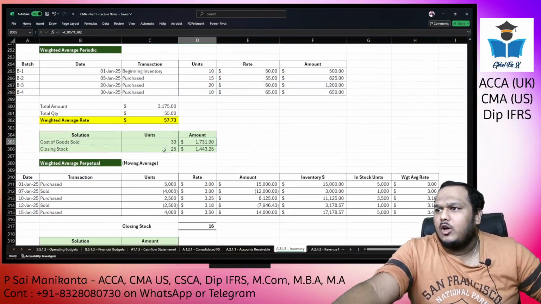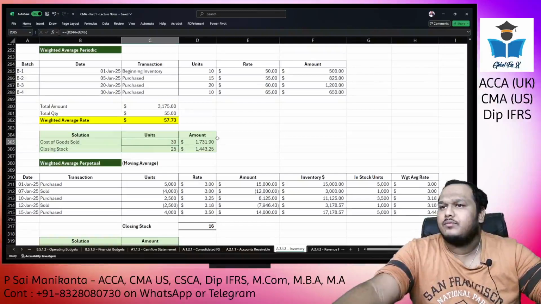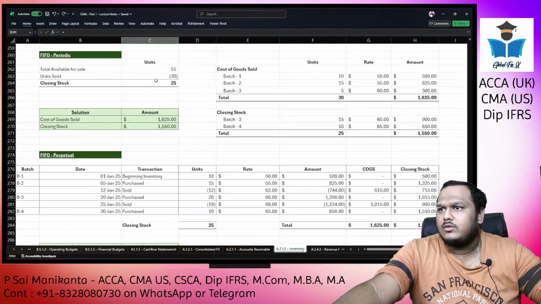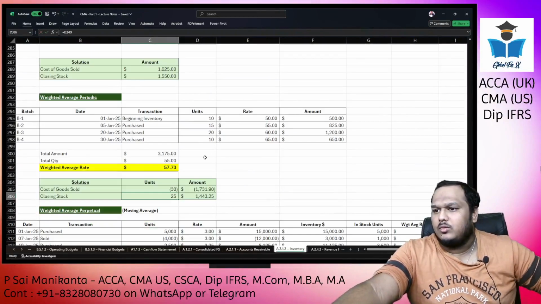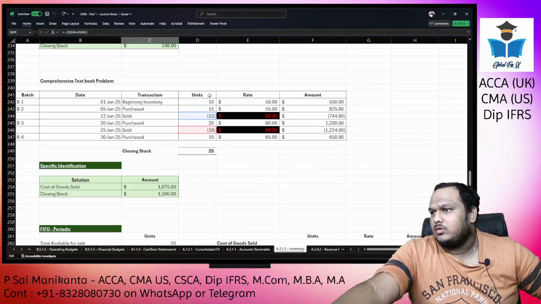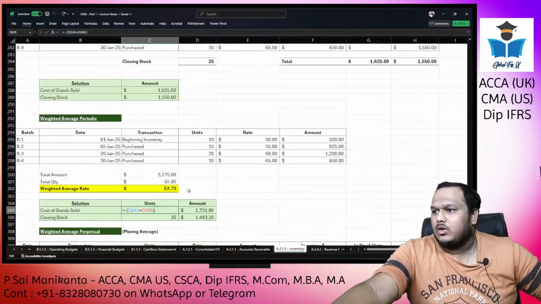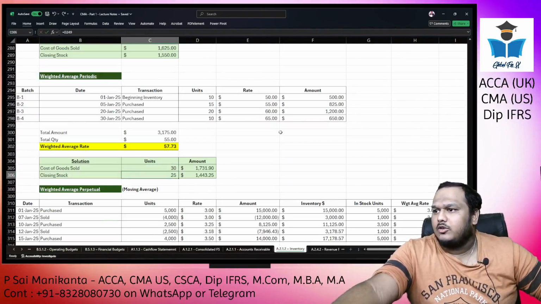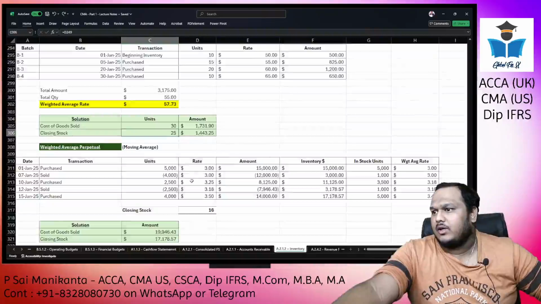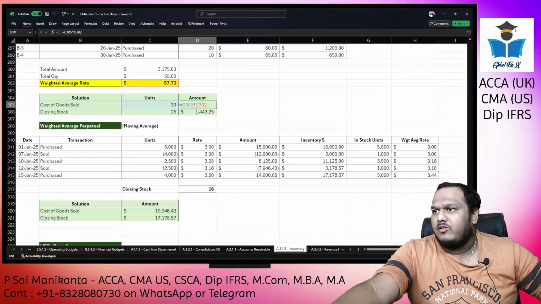COGS will be, how many units did we sell? COGS 30. Oh, it was correct only. Okay, so total 30 units are there in COGS and 25 units are there in closing stock. Perfect. Okay, so that will be multiplied with that average rate.